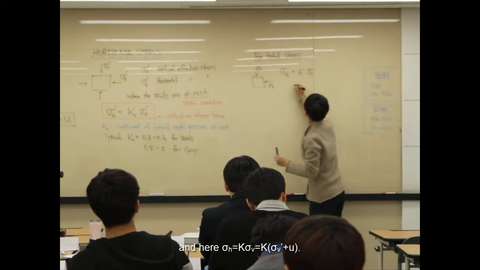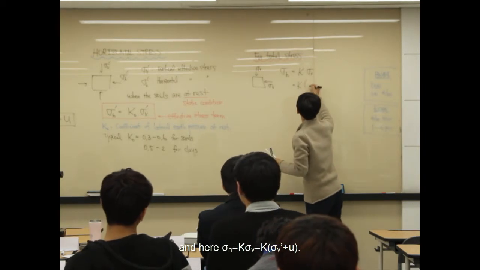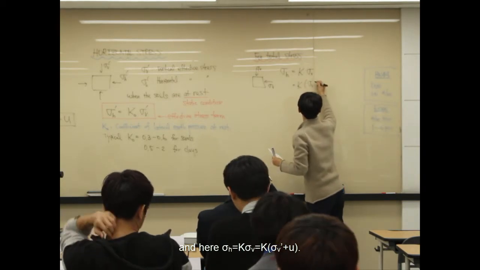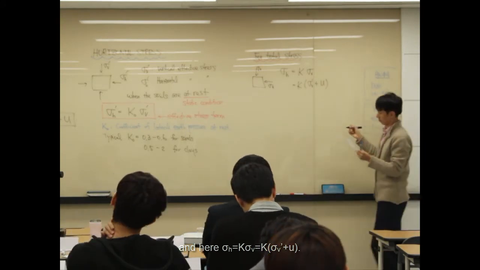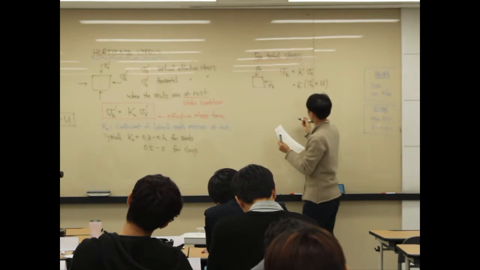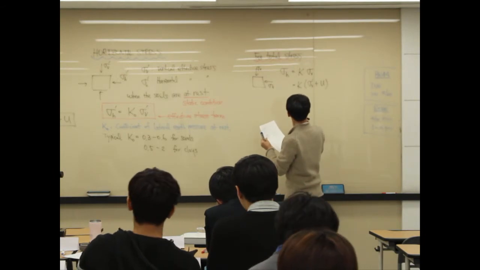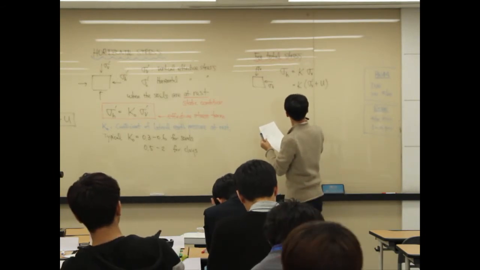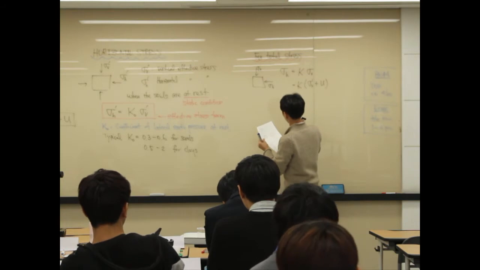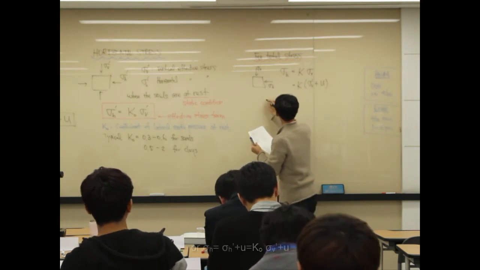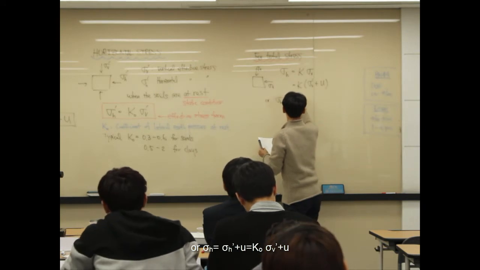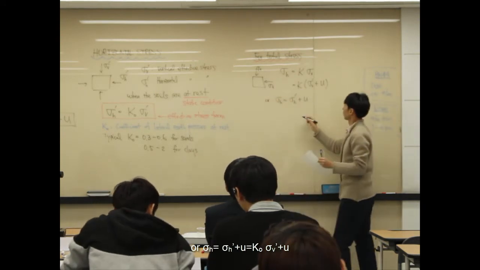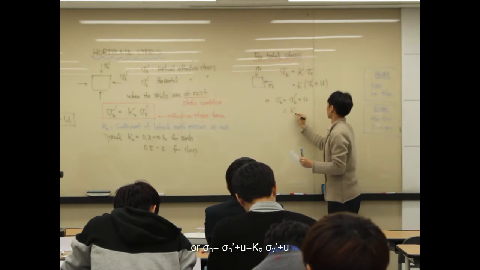And here, the vertical total stress is sigma V prime plus pore pressure, and sigma H is the horizontal effective stress plus pore pressure.